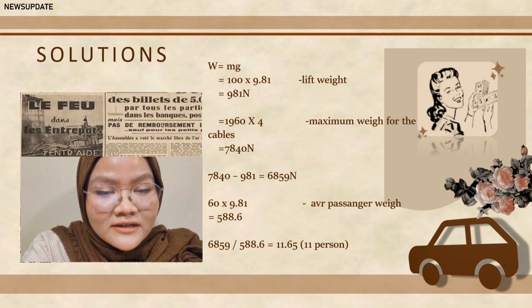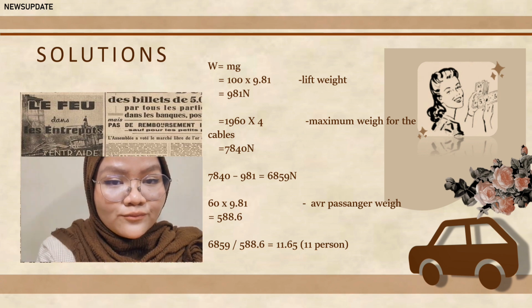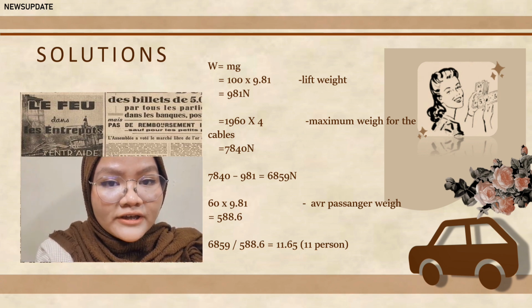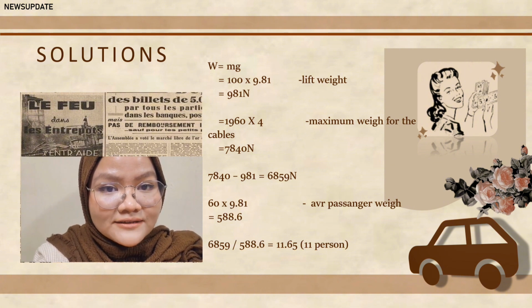Since the question gave us the maximum tension for each cable, and there are 4 cables, we have to multiply it by 4, which is 1960 times 4, and then we will get 7840 Newton for all of the cables' maximum weight. Now, after we get the maximum weight of the cables, we have to subtract the lift weight to know the weight left for the passengers. So we will get 6859 Newton.